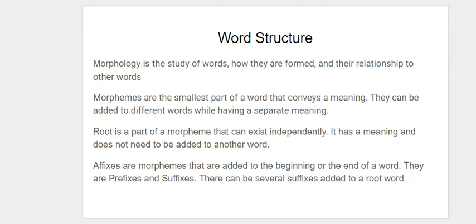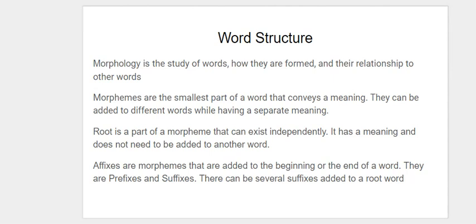So morphemes are the smallest part of a word that conveys meaning, and they can be added to different words while having a separate meaning. So a root word is a morpheme, and so are affixes.